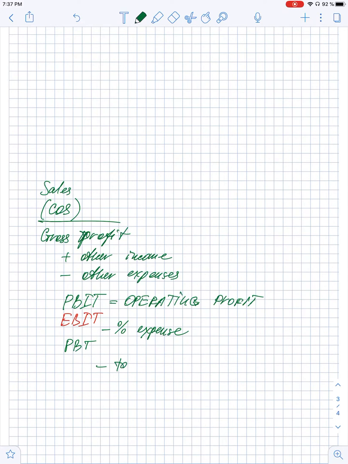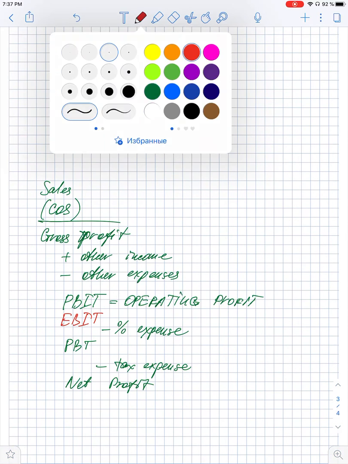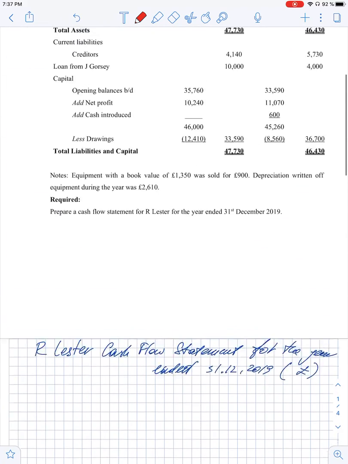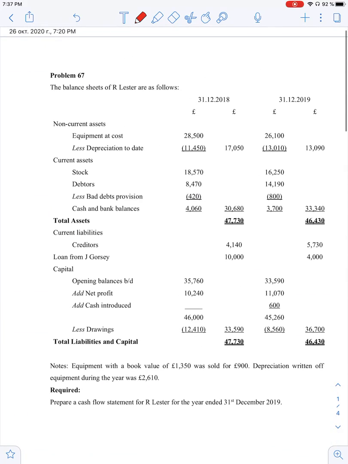Then we will deduct tax expense. After the deduction of interest and taxation, we will receive net profit. So eventually, if we assume that interest expense is 0 and tax expense is 0, net profit is equal to operating profit, to PBIT.